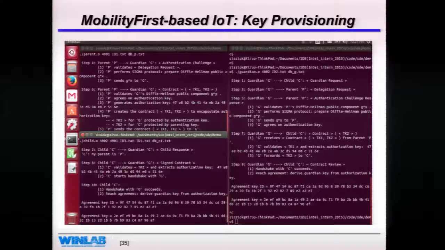And at the end here, we can see the child and the guardian have reached a key agreement, which is this key. And the key ID is the hash of the concatenation of all the identifiers and the nonces involved. This ID uniquely identifies this protocol session and binds to the key.